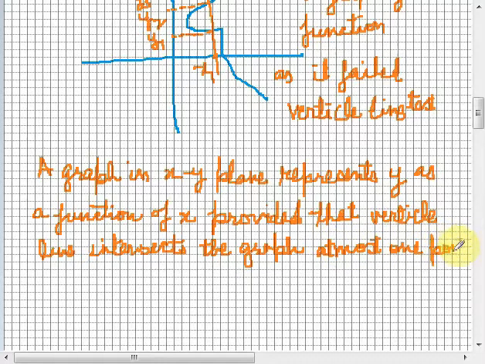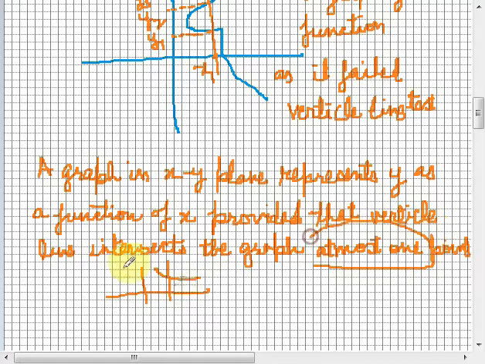It may be possible that there is no intersection. Suppose this is the graph of a function, this one is the graph. It is cutting once only. It may be possible that it does not cut the graph. So, at most once.